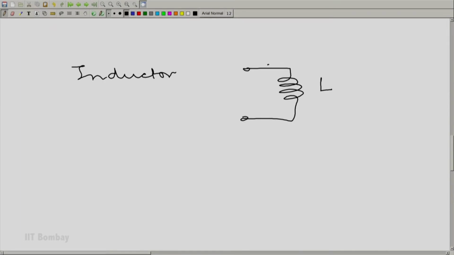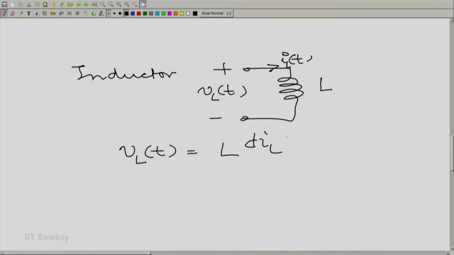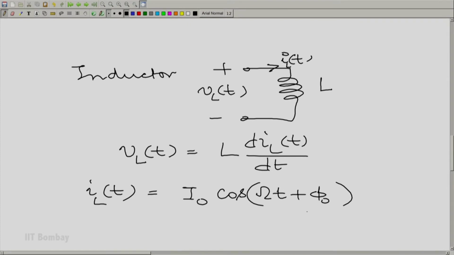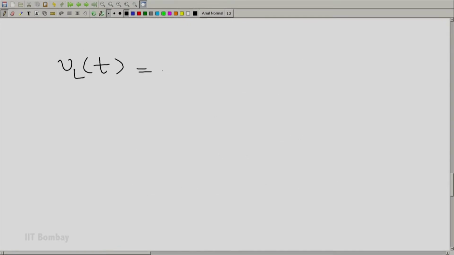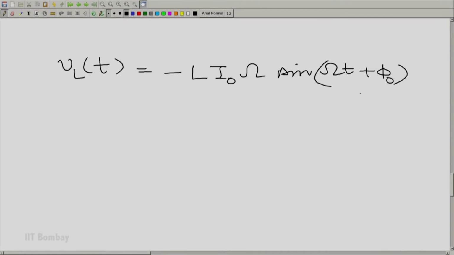Let the current in the inductor be iL(t), and let the voltage across the inductor be vL(t), whereupon vL(t) is L diL/dt. Let iL(t) be sinusoidal, whereupon vL(t) is going to be equal to minus L I0 omega sine(omega t plus phi 0).